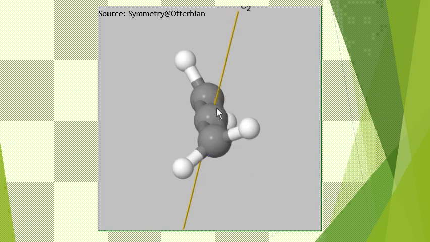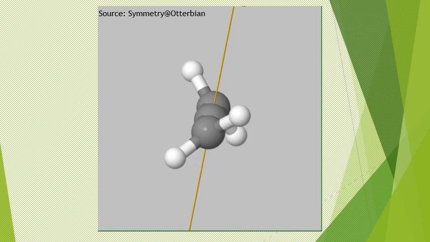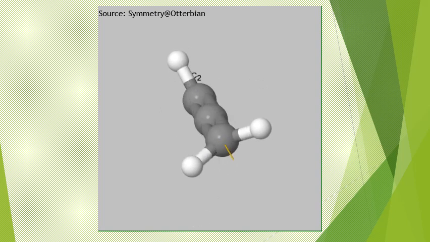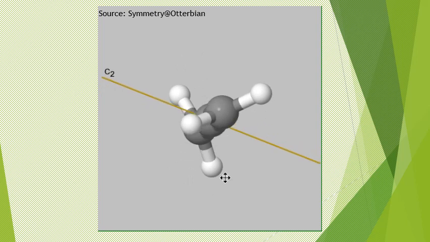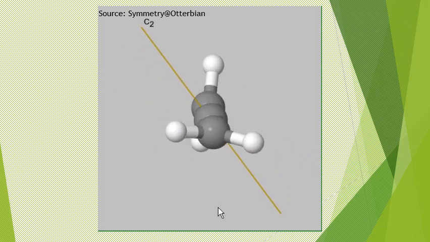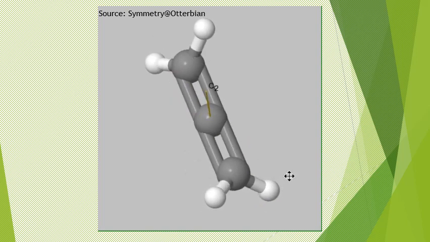Whatever the C2 axis is, it should bisect this angle. That is a very important point here. For the other two subsidiary axes also, it should bisect the angle, then only it can serve as a C2 axis. Otherwise it's not possible for the axis to be C2.